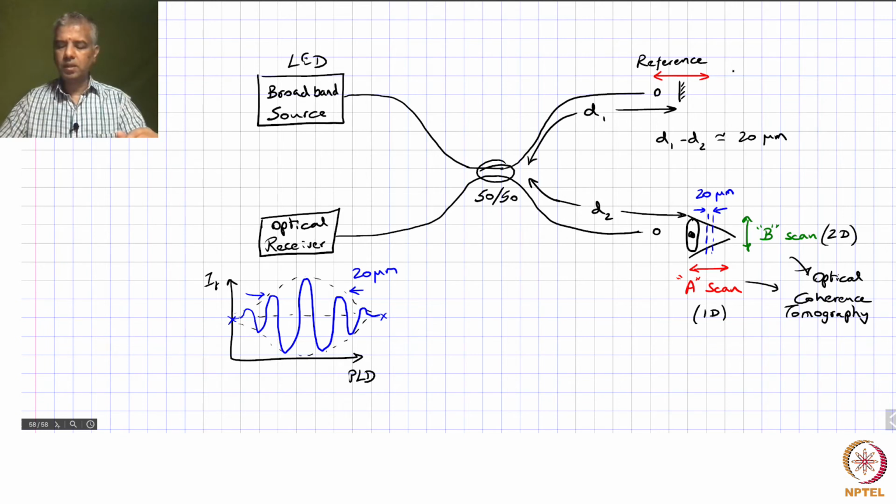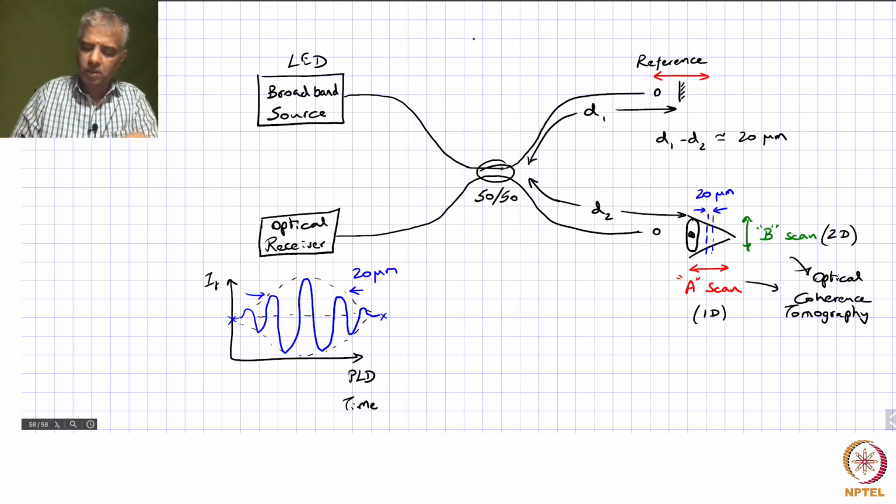Whenever you are moving the mirror, you are essentially doing it with respect to time delay, what you are essentially doing is changing the path length difference, and when you are detecting at the receiver, this shows up as a change in the interference fringe with respect to time as you scan this region.